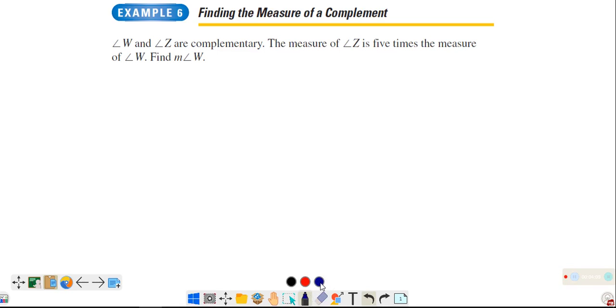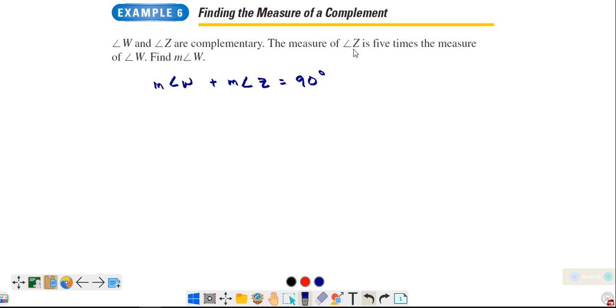Okay. So, the measurement of W plus the measurement of Z should be equal to 90 degrees.